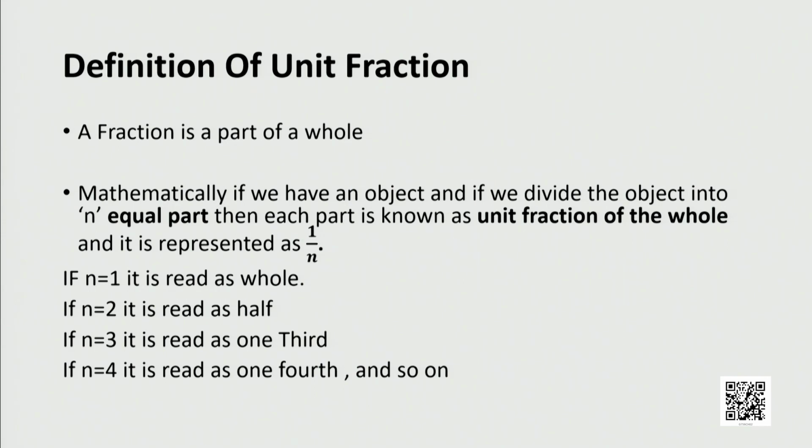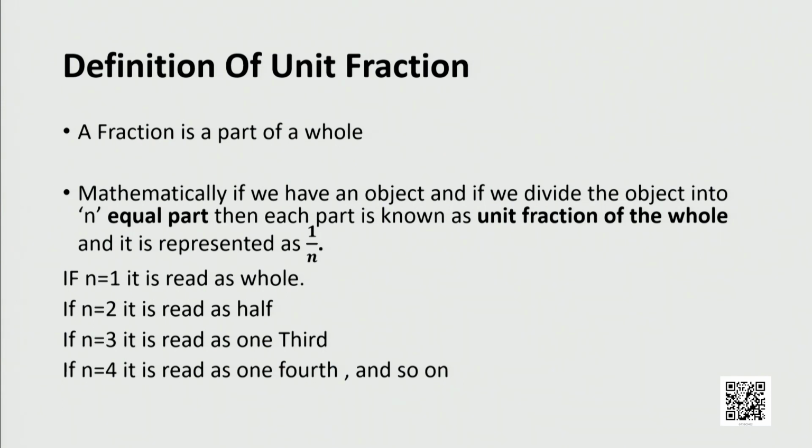What is the representation? The representation is 1 over n. So now you have a representation for a part of an object which has been divided into n equal parts. For each part there is a mathematical representation: the mathematical representation for that unit part is 1 over n.